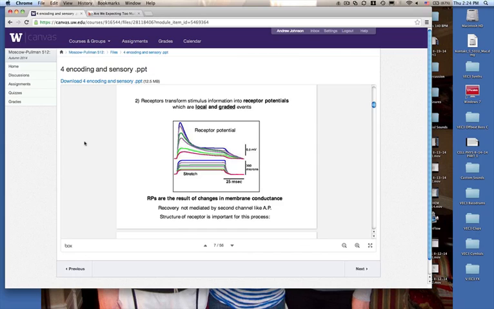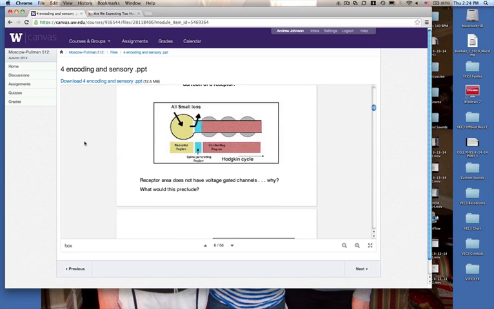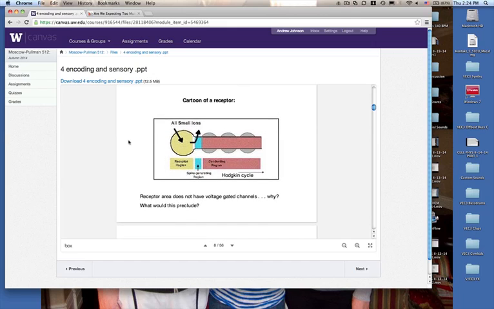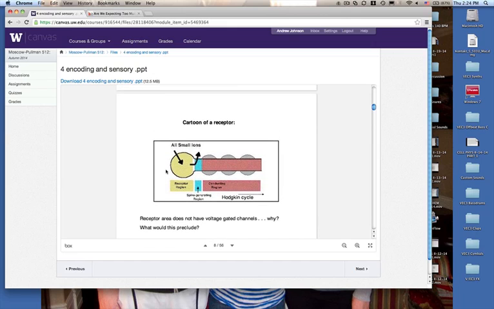So the structure of the receptor itself is pretty important for this process. We're going to talk about a number of different receptors. So I just want to focus on sort of a generic receptor. So in a generic receptor, you would have a receptor region. So this is the region with receptors that detect some stimulus. You would have something called a spike generating region.